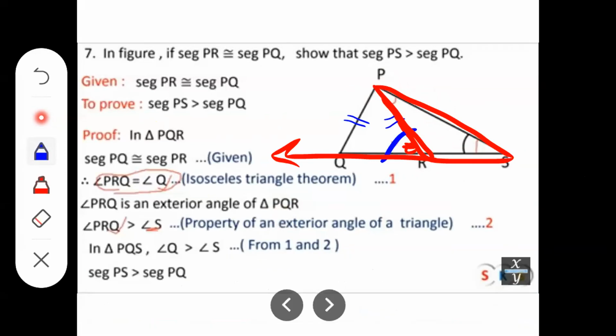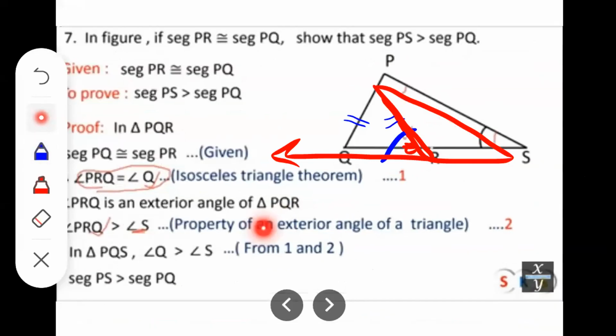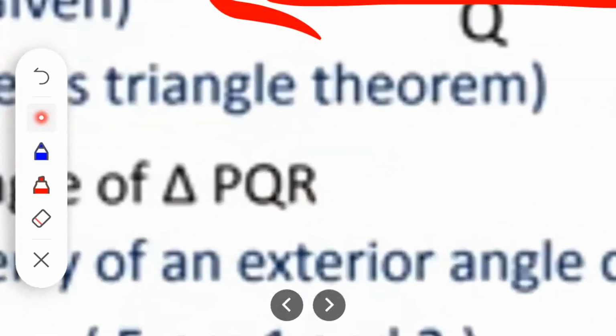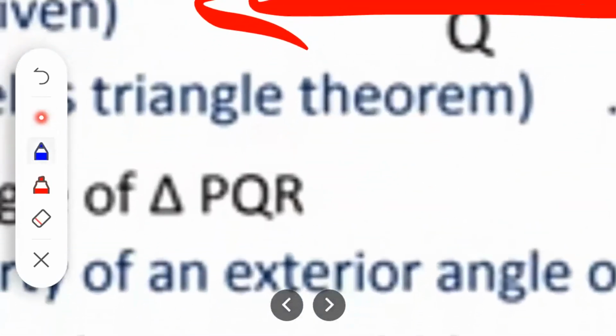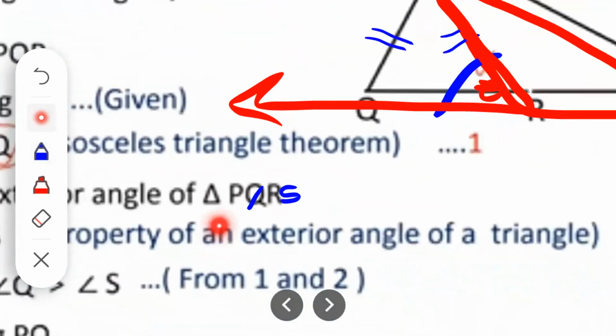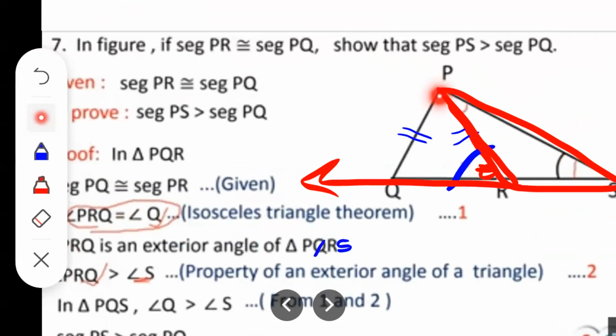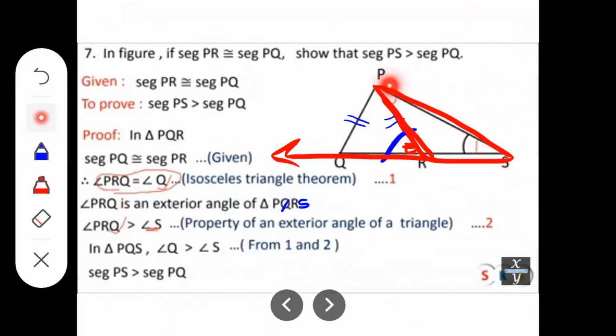You have to write triangle PR, not Q, PRS is the triangle. See, triangle PRS. For this triangle, the angle R is the exterior angle.